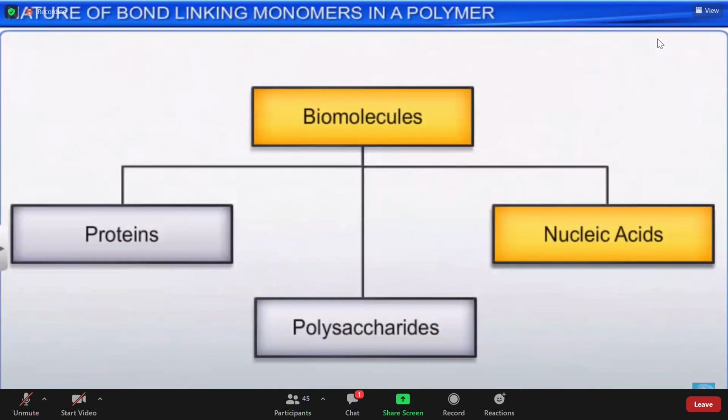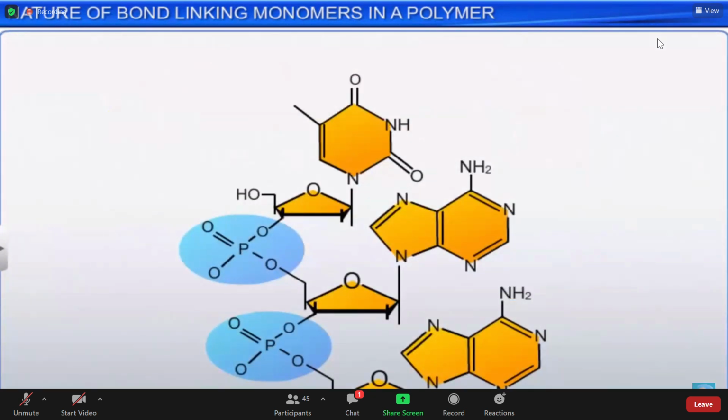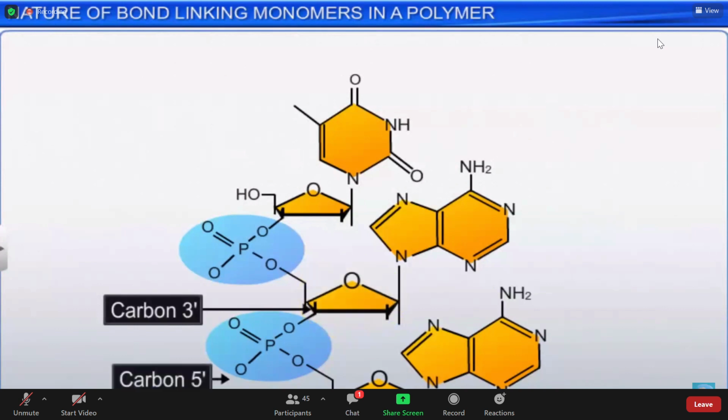The bonding in nucleic acids is different. Here, the 3' carbon atom of the sugar of one nucleotide is linked to the 5' carbon atom of the sugar of the succeeding nucleotide by a phosphate moiety. The phosphate and hydroxyl groups of sugar join to form an ester bond.